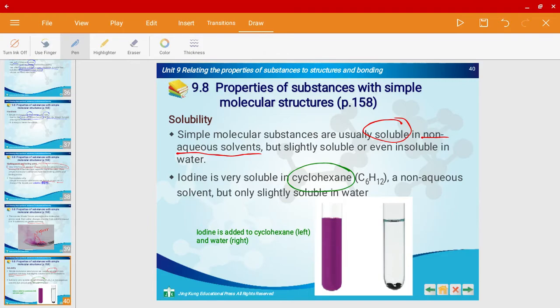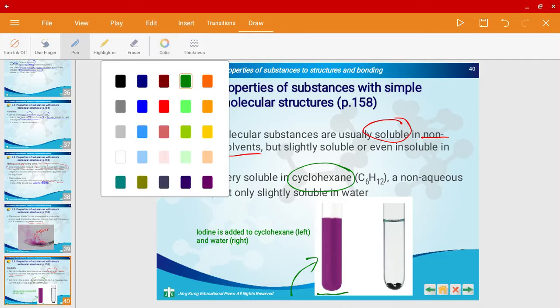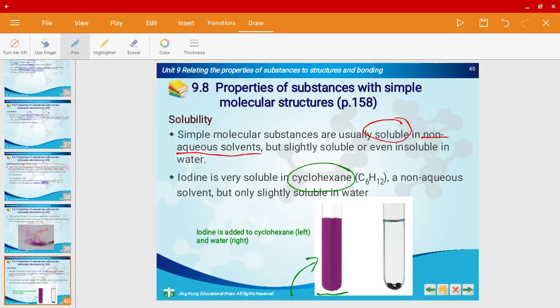If you put iodine in it, in the diagram on the left, you'll see that the iodine is soluble. However, if you put iodine in water, you will notice that it's not really soluble, it's just slightly soluble. In this diagram it might be difficult to say that, so we might even say that it's insoluble.